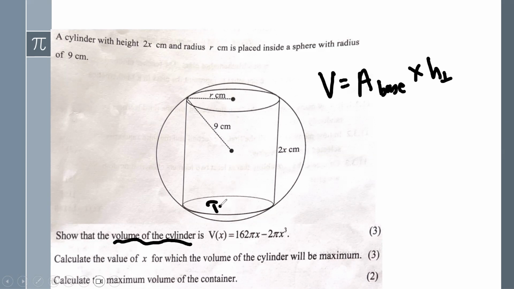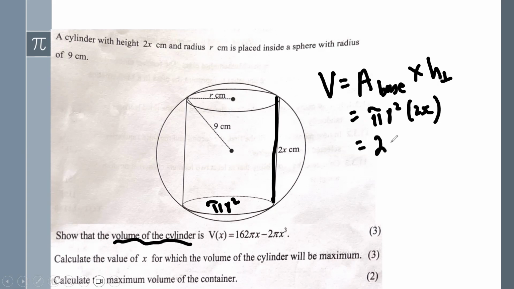And from grade 8 to 9, we should know that the area of a circle is pi r squared. The height is given, it is 2x. That means the volume of the cylinder in this case will be pi r squared times 2x. If you like, you can simplify this and write it as 2 pi x times r squared.